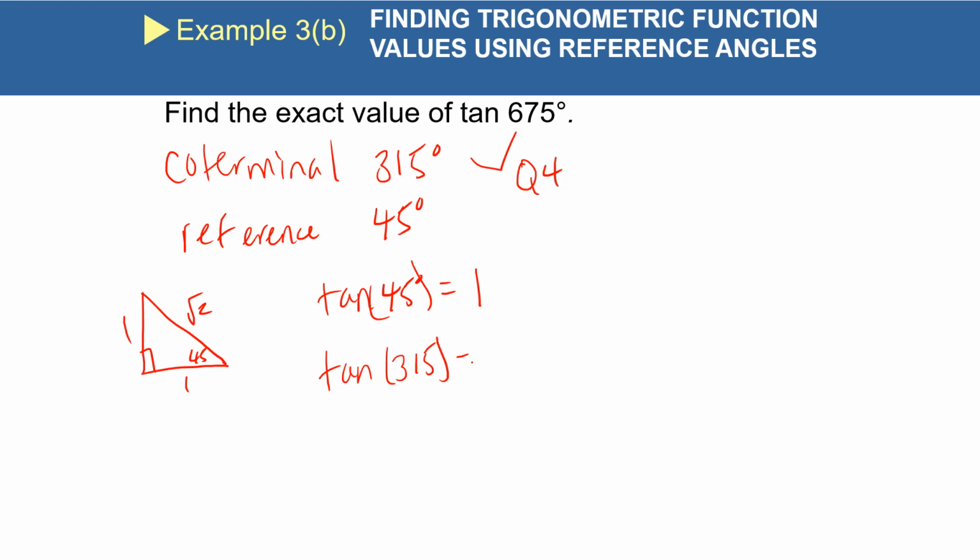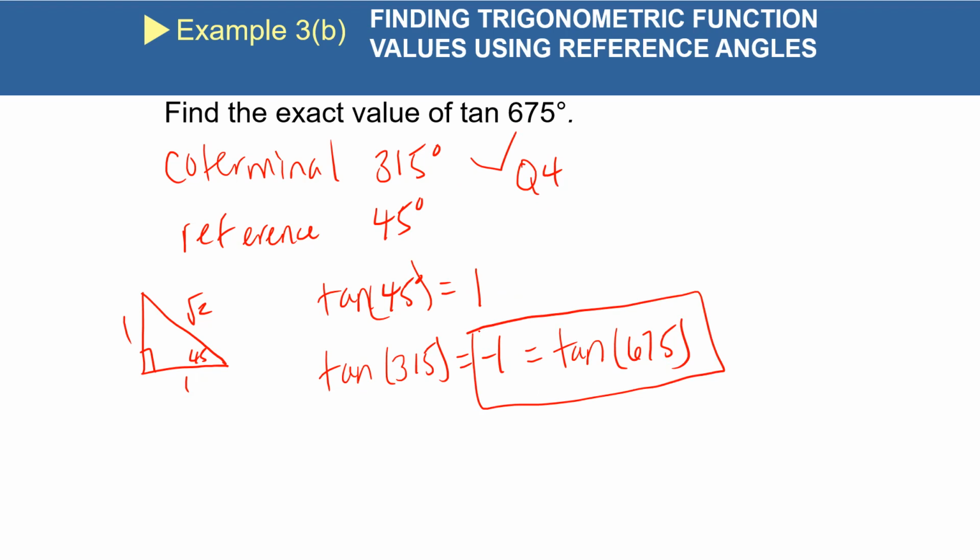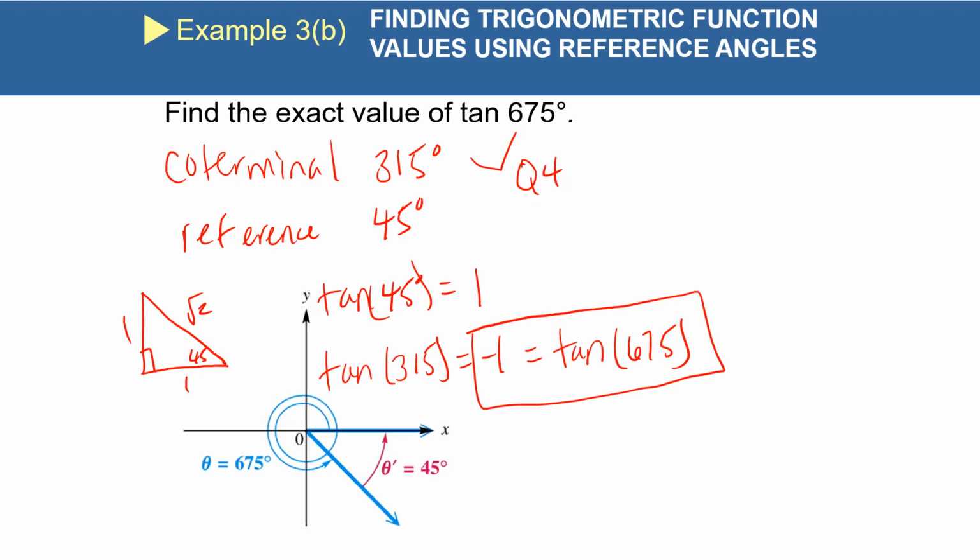So the tan of 315 equals -1, which means that so is the tan of 675. How we do? We're geniuses? Okay. Feel good? Coterminal, reference, use your special, use the right sign.